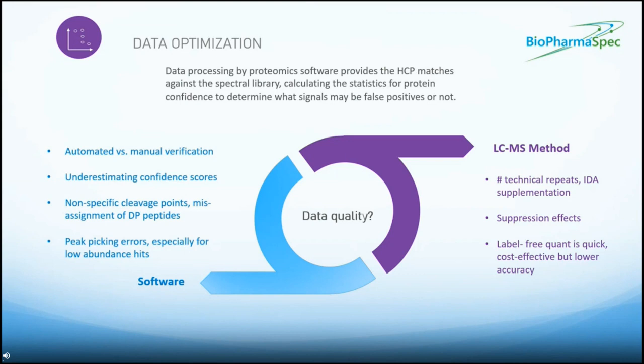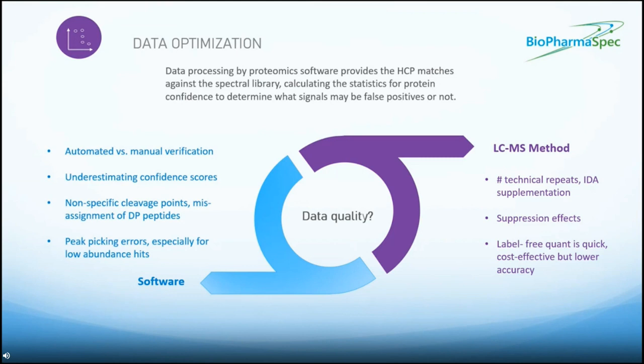They're more commonly seen with drug product peptides, which have been misassigned as HCPs. So if a drug product has peptide modifications or unusual cleavages, it can be falsely picked up as a high intensity HCP. Another one is peak picking errors, especially for low abundance HCPs where the wrong area has been selected within the retention time window, and it can lead to high statistical errors across replicates.